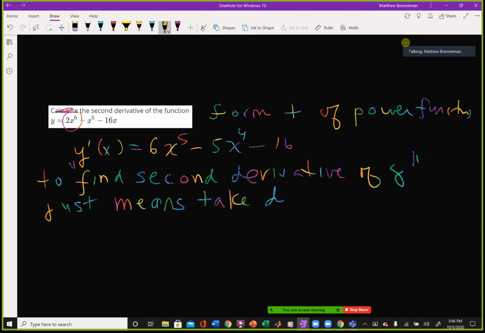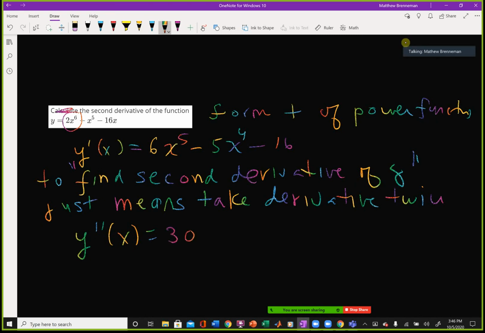So now I just take the derivative one more time. And this shouldn't be a big surprise. The derivative in and of itself is a function, so it's not that crazy to think that I can take its derivative. So I'll go ahead and do that. And with polynomials, of course, it gets easier and easier, because the exponent just keeps decreasing and some of these terms go away.